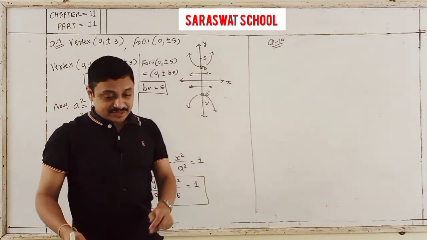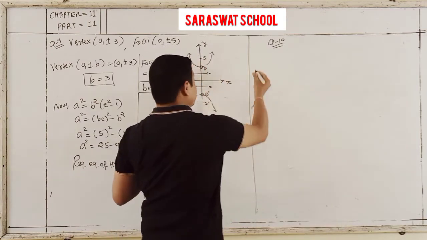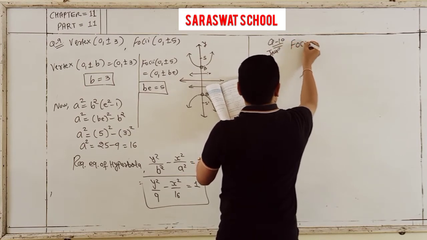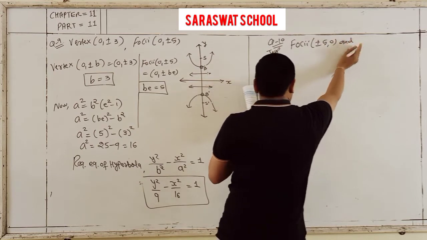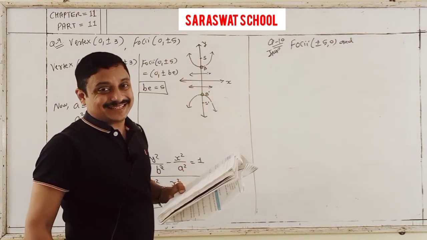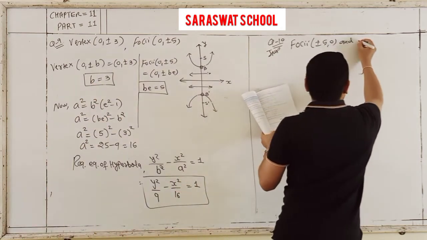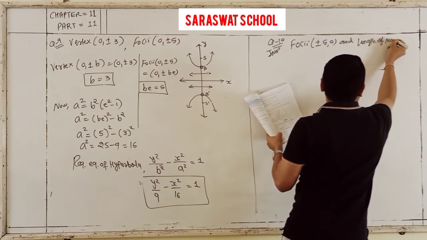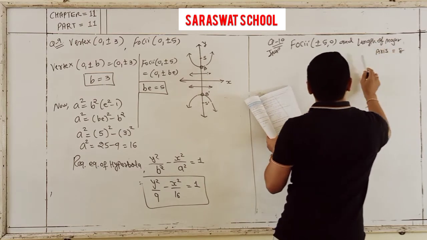The question gives foci, and the tenth is important also. Foci (±5, 0) and the length of one axis is given: the length of the major axis, the transverse axis, is equal to 8.